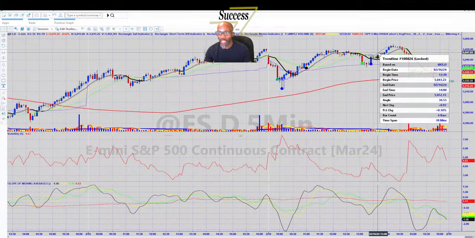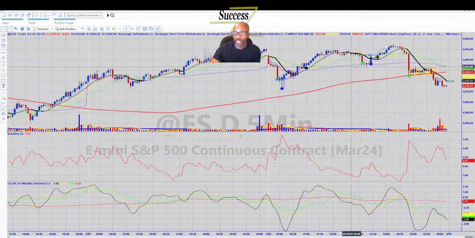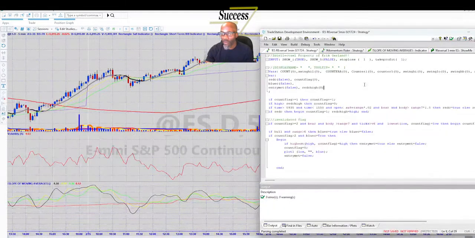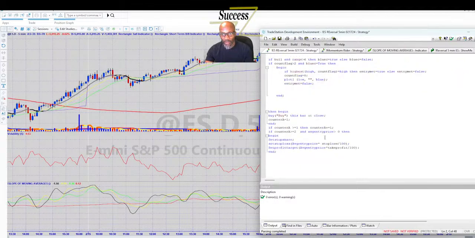All right, that one's net change of 8.93. So we'll set the initial target for 7 points. And then set the stop loss for, well, this doesn't matter because we're going to put our own thing here.